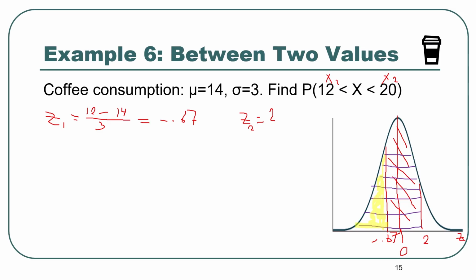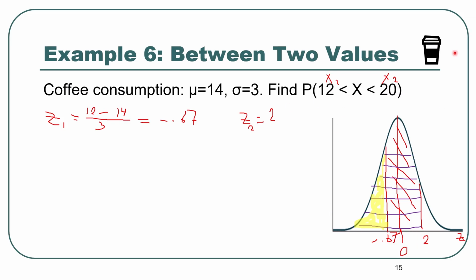So my target area, which is the red area, is the purple one minus the yellow one. So this is what we are going to do now. I will enter my table with the two numbers, the 2 and minus 0.67, and subtract the smaller area, the yellow one, left of my Z1, from the bigger area, left of the 2.